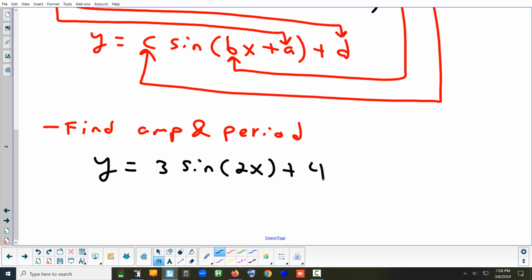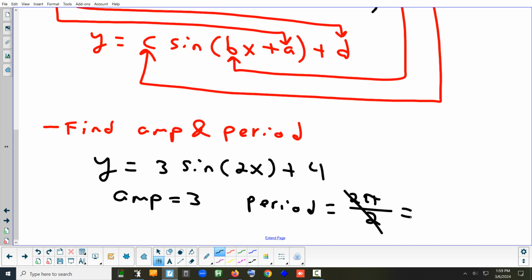I'm just going to ask you what the amplitude and period are. What's the amplitude of that? 3. It's the absolute value of the number that's in front. And what about the period? Pi. Yep, it would be 2 pi divided by the number in front of x, which is pi. So there'll be 4 questions like this. You have to find amplitude and period.